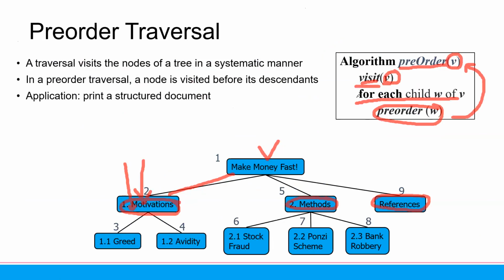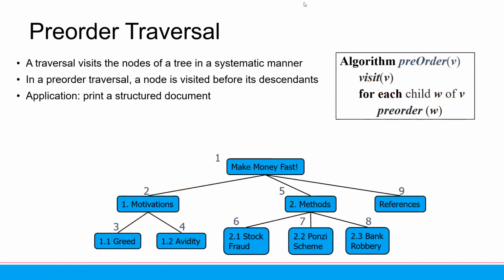And then for each child W of V, I have 2 children. Then I will have this first W, and then I will do pre-order again. After I do the pre-order, I visit this V and then check, is there any child? No child. Then because there is no child, we will go to the next for loop.